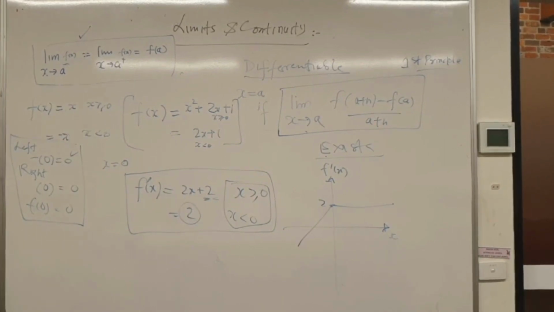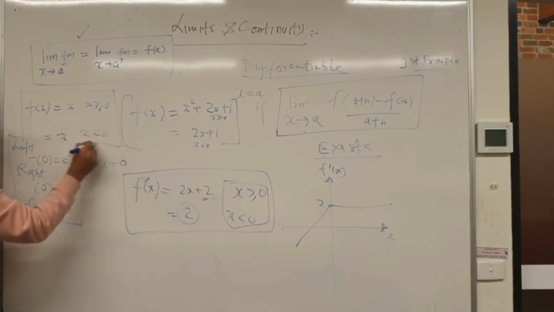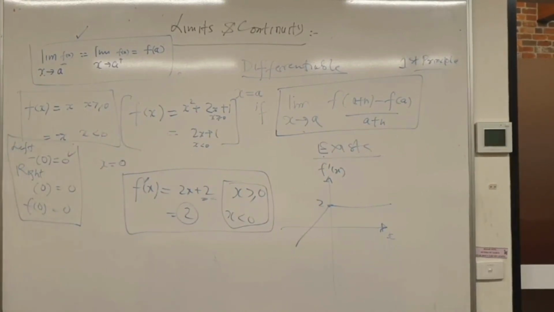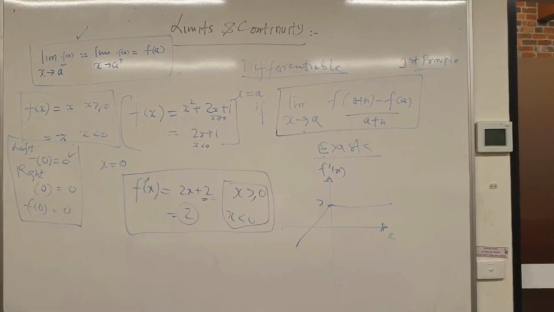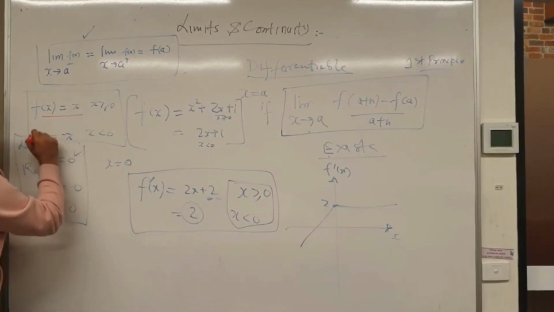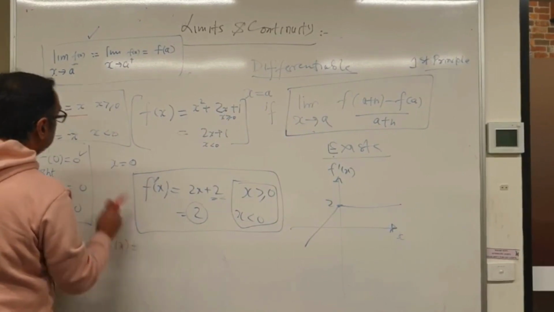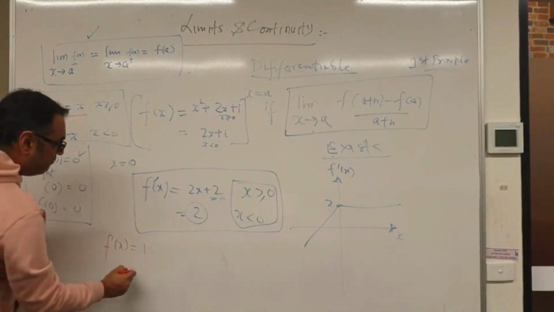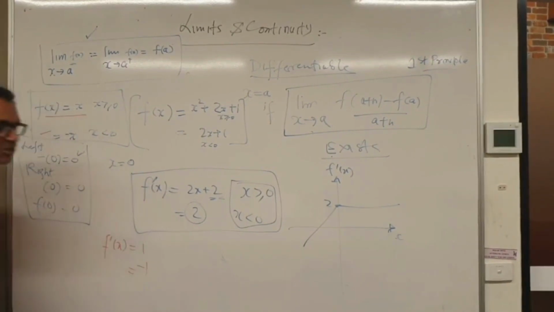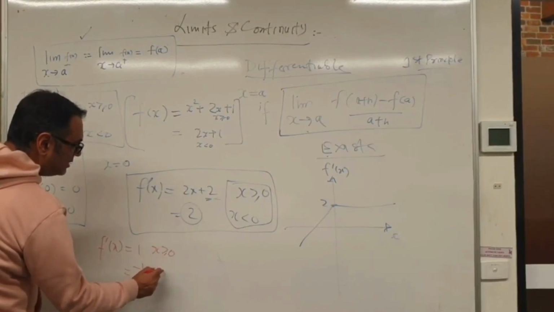So yes, this function is continuous at x equals 0. But now if I ask you, can you tell me whether this function is differentiable at x equals 0 or not? Then you will go one step further and differentiate these two functions. So you'll say f dash x is 1 for x greater than 0, and minus 1 for x less than 0.